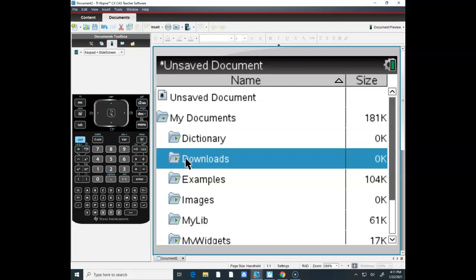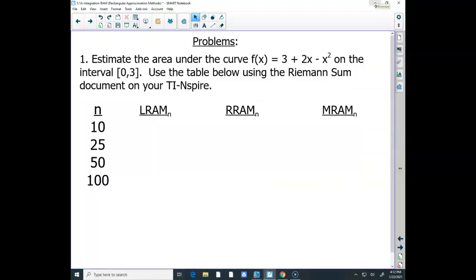Underneath that little folder, there is going to be a Riemann Sum program for you, and it really does describe what to do here, because we can load it in and find the right RAM, left RAM, mid RAM really fast where n is 10, 25, 50, or 100, or anywhere in between. There are sliders. Go in there and find it and play with it.